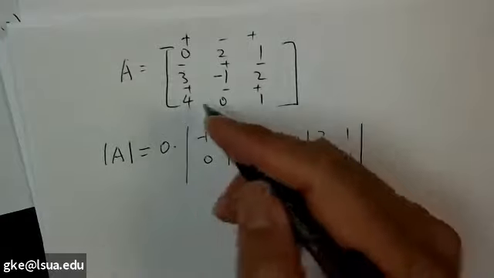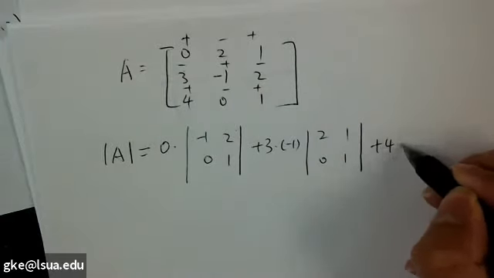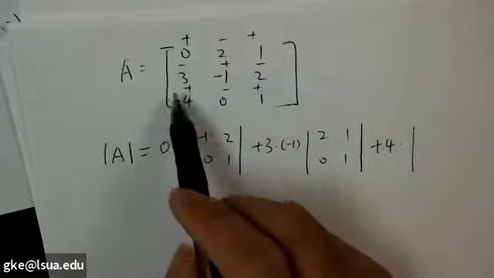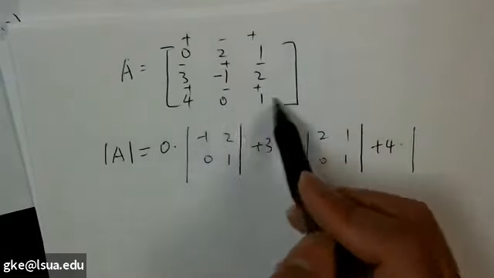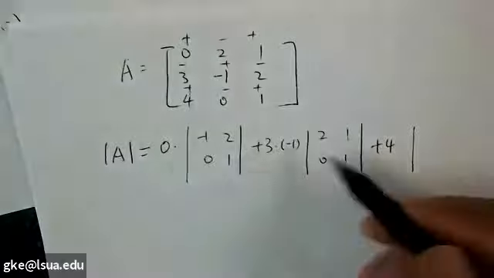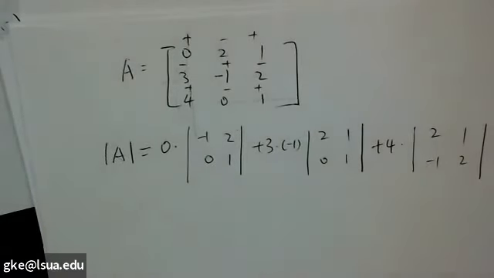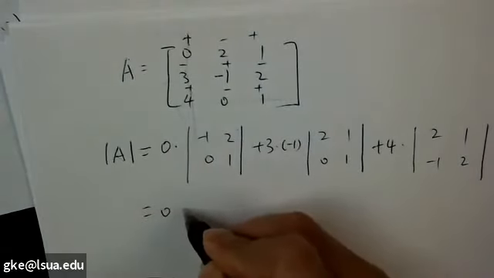The last one is 4 times positive 1, and we don't care about the positive sign. We cross out and get 2, 1, -1, 2. Okay, that's expansion according to the first column. Now let's take a look.